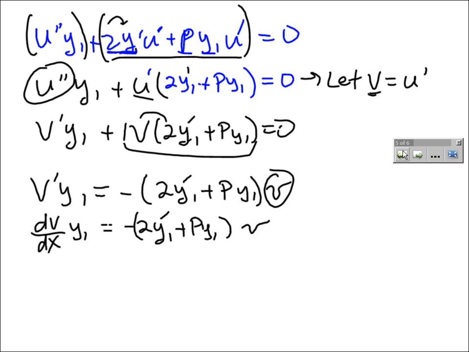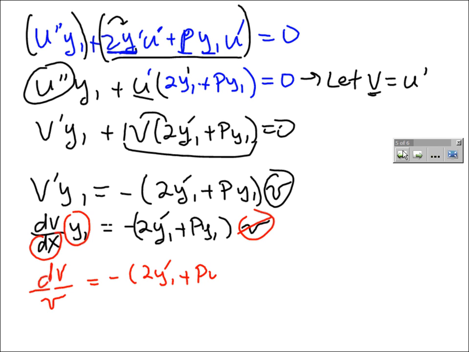So this is separable. I am going to move this and that. The dv will stay, but this will come on the bottom. The negative 2y1 prime plus py1 will stay.